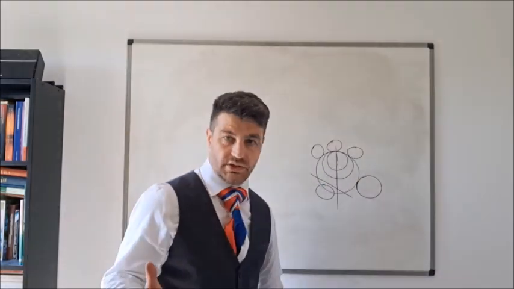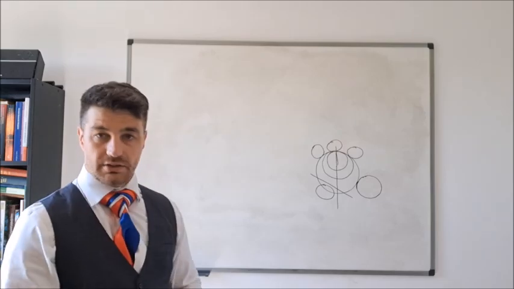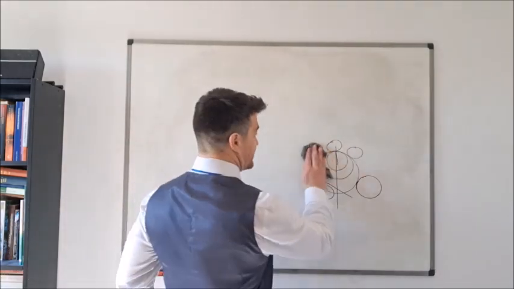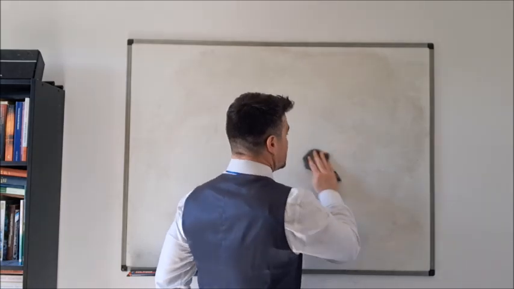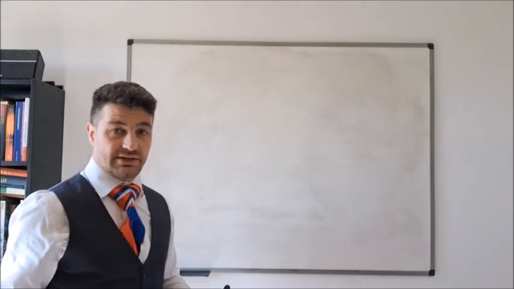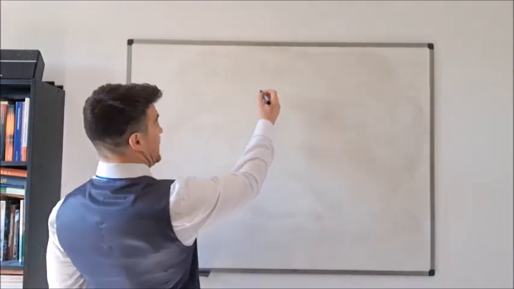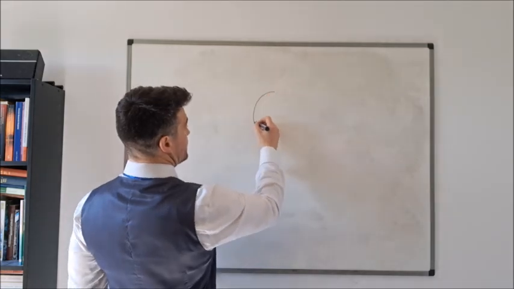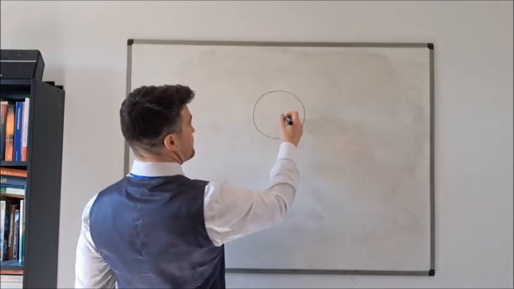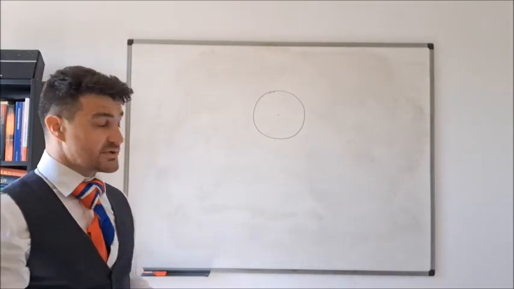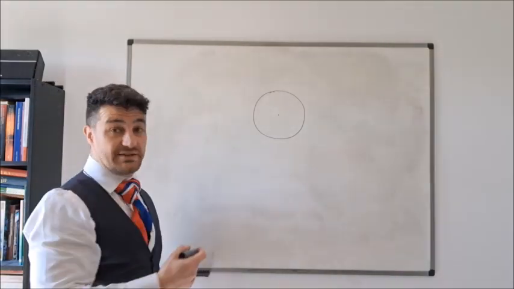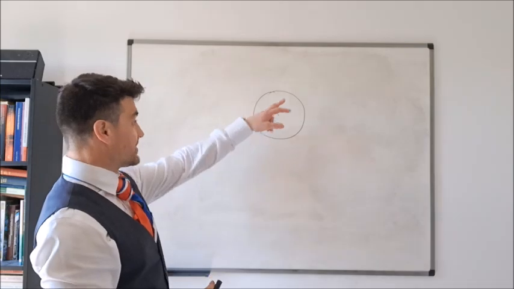Okay, so let's draw a diagram now of the situation. Remember, diagrams don't have to be drawn accurately or anything like that. They've just got to be sufficiently representative for them to be useful to us. And there's no saying that I have to draw a circle looking like this.